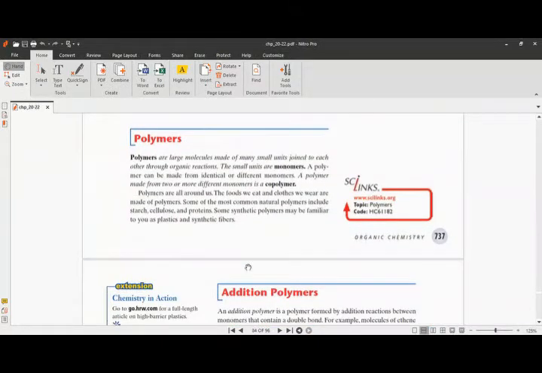Today we are going to start polymers. Polymers are large molecules made of smaller units, which are called monomers. So polymers are made up of monomers, which means smaller units connected together to form polymers. If the molecules that connect together to form the polymer are the same, they are called monomers.